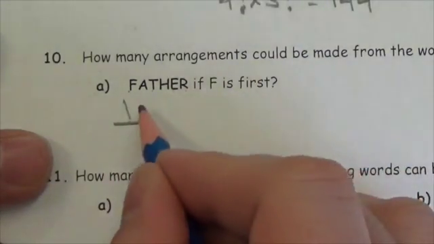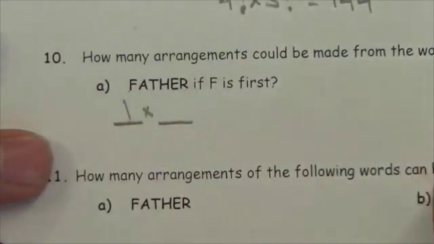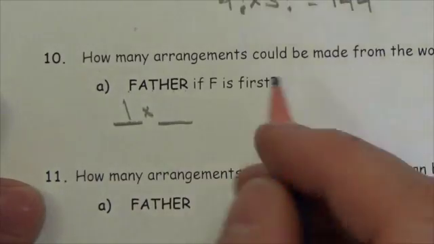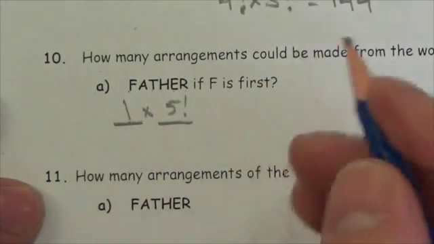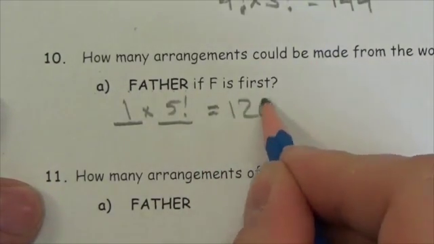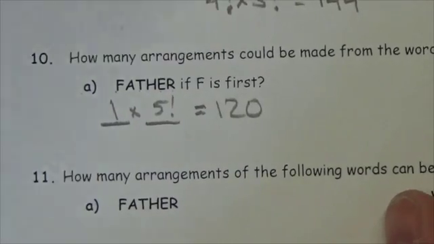There's only one way to do that. Now, after that, my next task is to permute the remaining letters. Well, there are 5 of them. So there are 5 factorial different ways that could work, or 5 pick 5, or 5P5. Altogether, that's 120 different permutations of the letters in the word father, where F comes first.